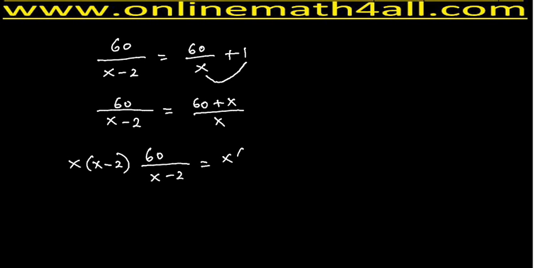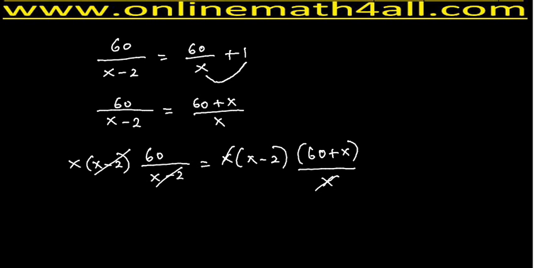I hope the students will be able to understand, because to get rid of the denominator, I am just multiplying x times (x-2) on both sides. When I do so, x-2 will get cancelled on the left, and here x and x will get cancelled.